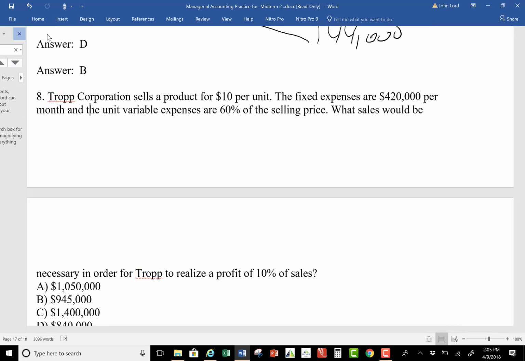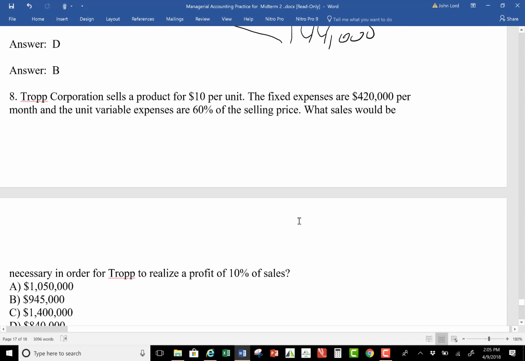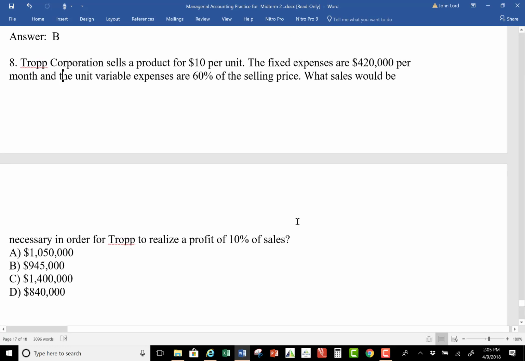Okay, all right, so we got this: Trop Corporation sells a product for $10 per unit.